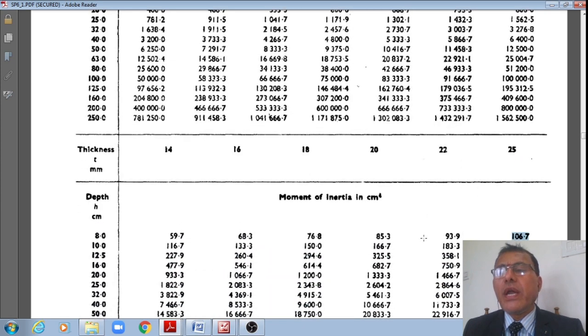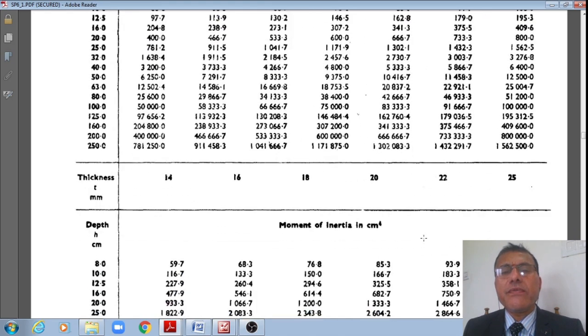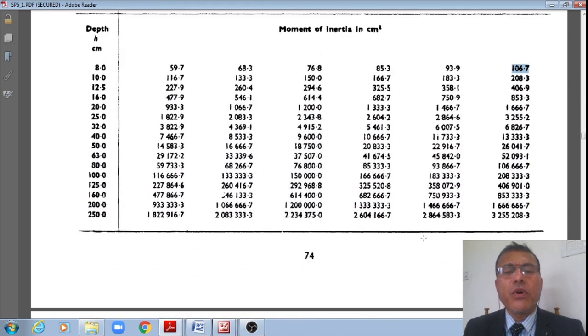Almost I do have a difference of approximately 70, and that is how that much of difference, centimeter to the power 4, right?